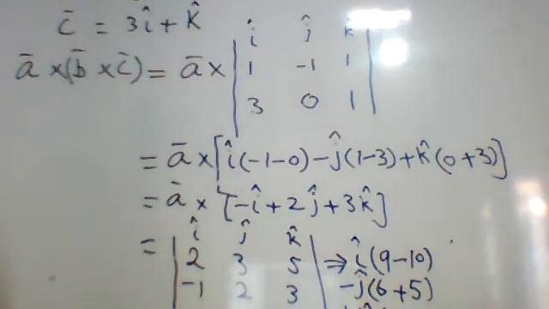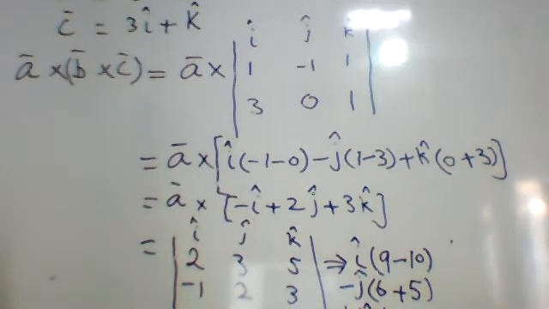And sometimes we have to find the scalar triple product. In the scalar triple product, one will be taken as dot and one as cross. First we solve the cross, then we take the dot. There is no need to put a bracket because cross will be done first, then dot.